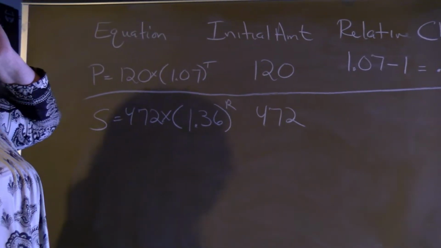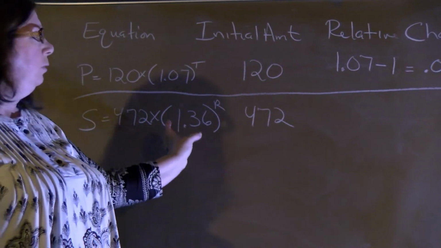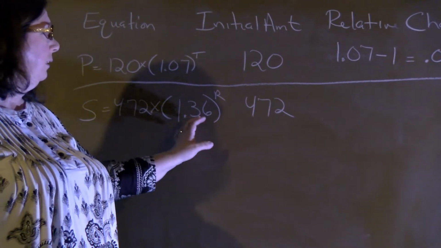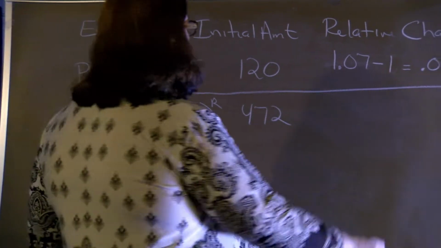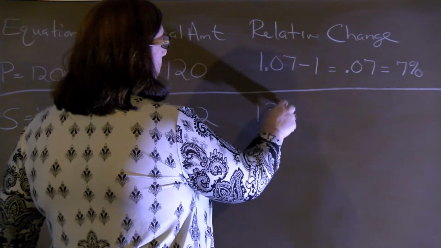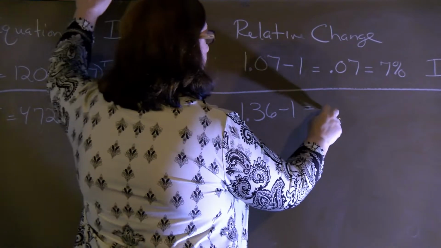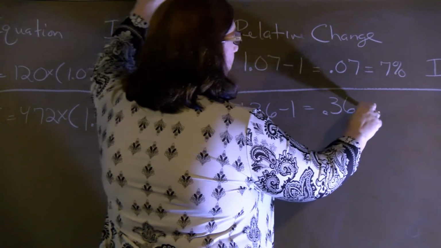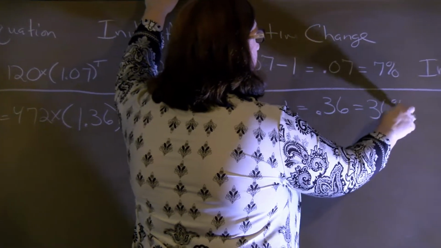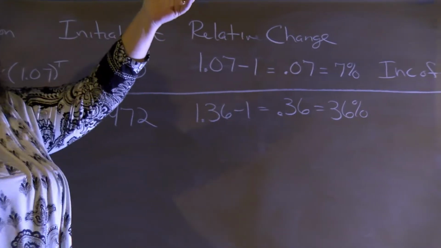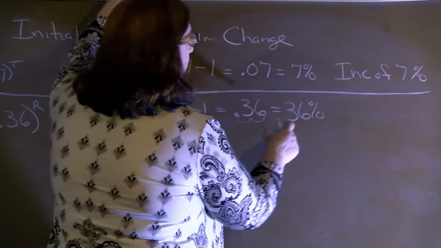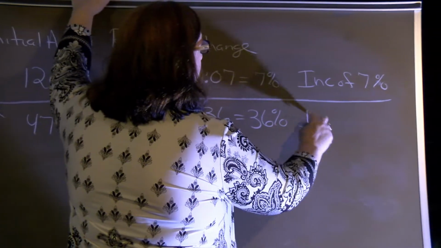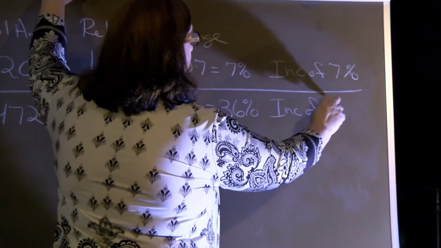Remember, when you're finding the relative change, we added or subtracted this on, so we need to take the 1 back off. Subtract 1. Make it a percent. Remember, when we're making it a percent, you're either multiplying it by 100 or moving it over 2. It's positive, so it's an increase of 36%.